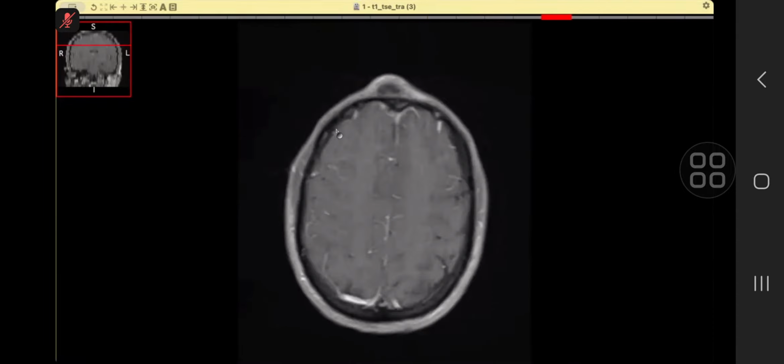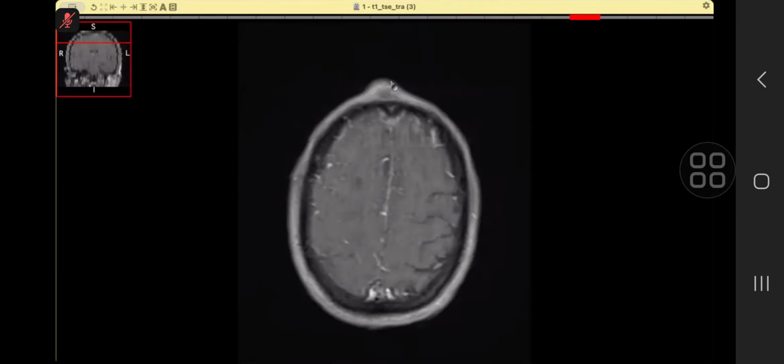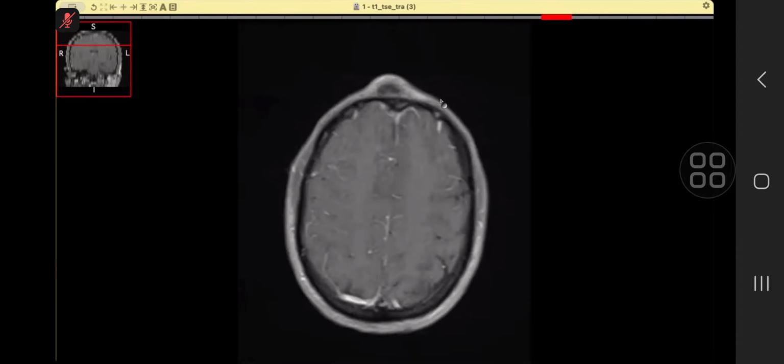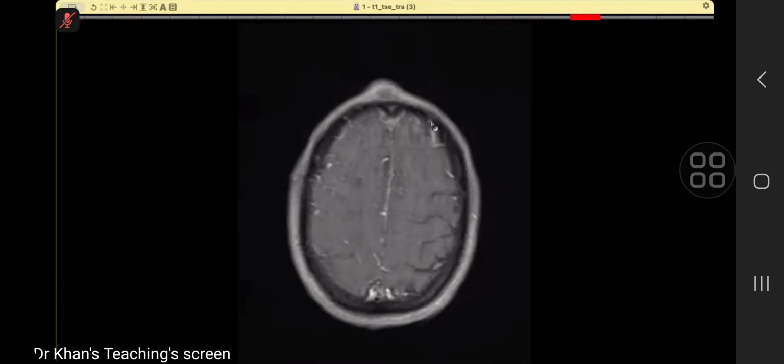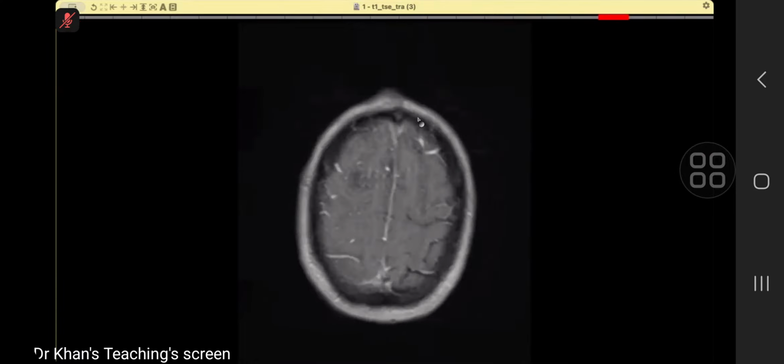Now, on this post contrast, this abscess is fine, that is there. There is some enhancement which was picked up. And if you look carefully, something is happening here, but on other sequences it was here.